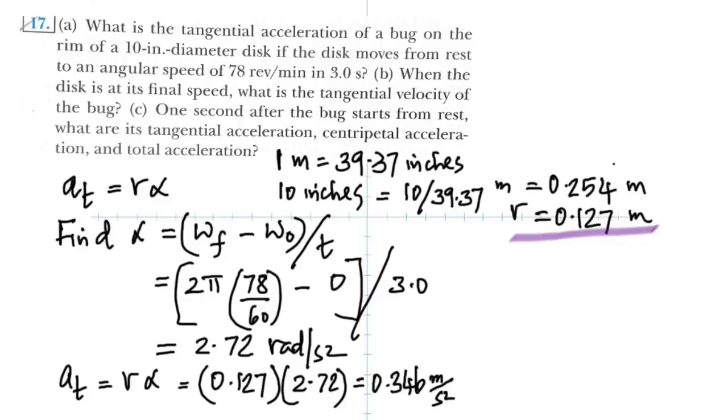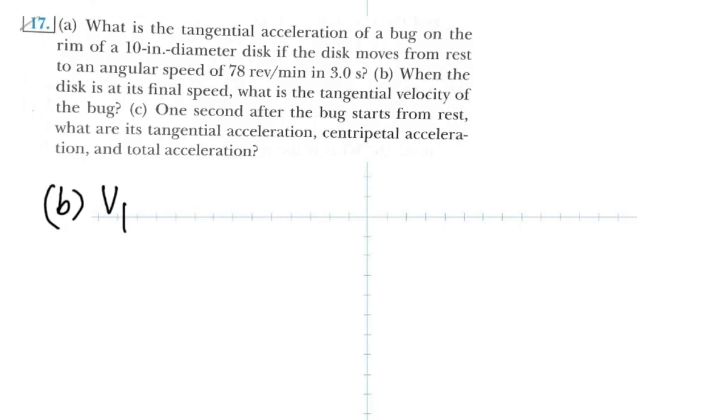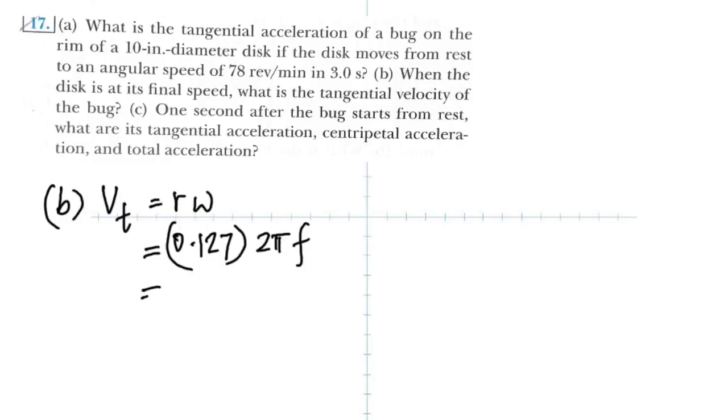Now in the B part, you're asked to find the tangential velocity of the bug when the disk is at its final speed. All right, so we can find the tangential velocity by using r omega.